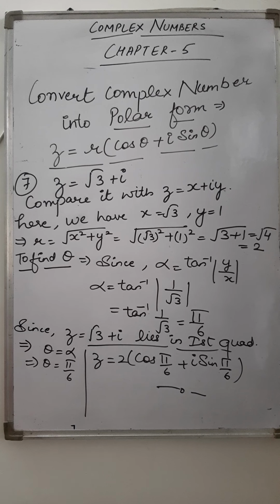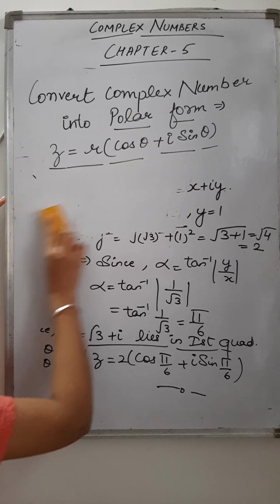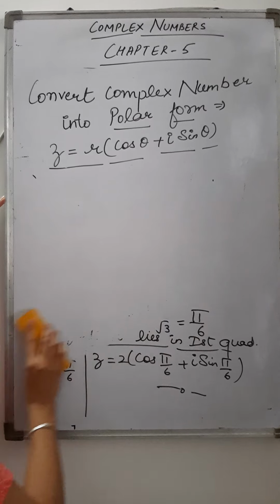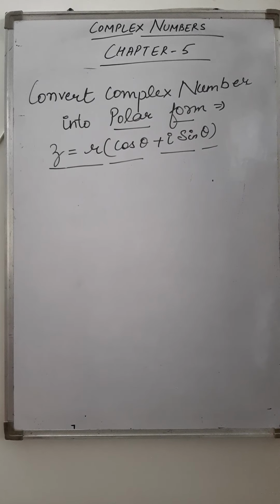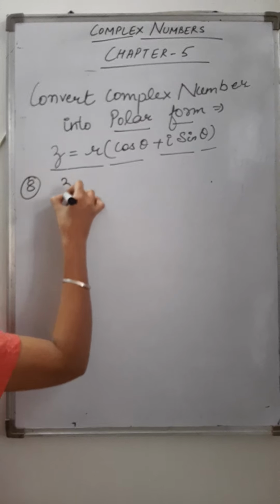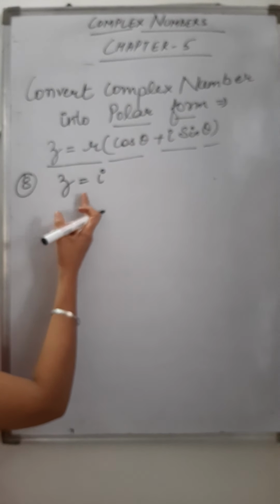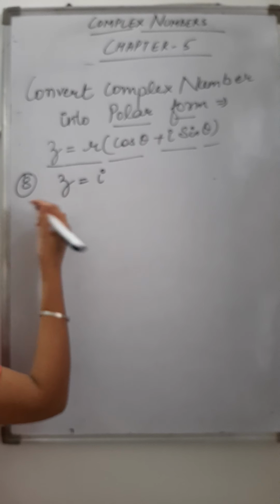Now see the last question of this exercise, question number 8. Question number 8 is z is equal to iota. Here the real part is 0 and the imaginary part is 1.